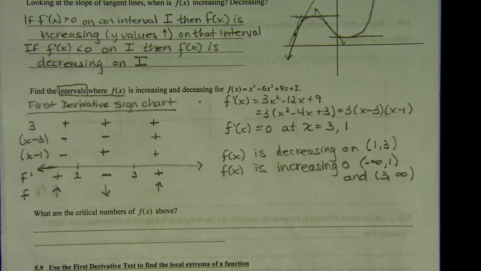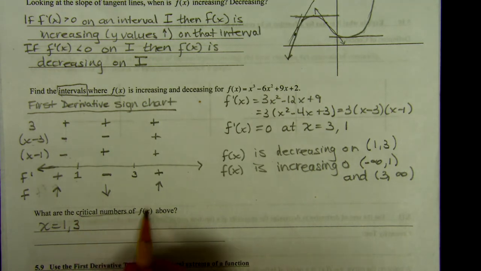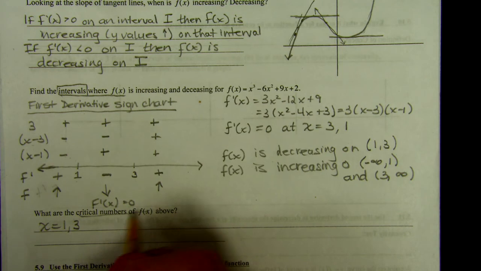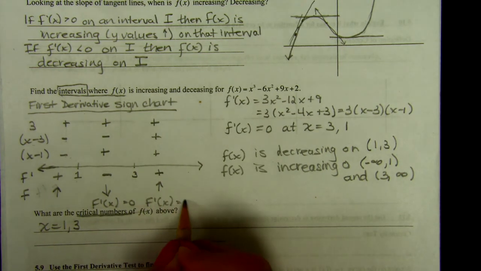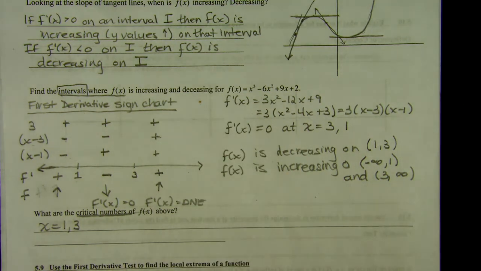Okay. All right, what are the critical numbers of f of x above? The critical numbers are x equals 1 and 3, because we know critical numbers are where the derivative is equal to 0, or where the derivative is DNE, and we found that the derivative is 0 at 1 and 3.